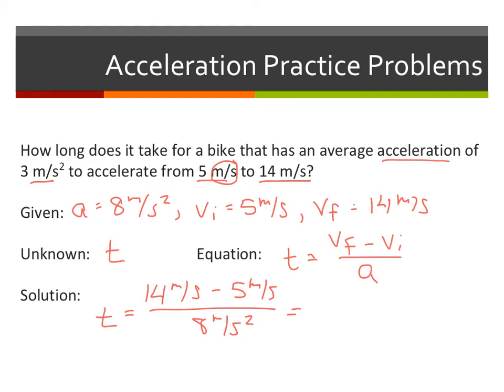So now I solve. 14 minus 5 is 9, divided by 8 meters per second squared, and I get 1.1 seconds. You can just round it to the tenths place, that's fine.